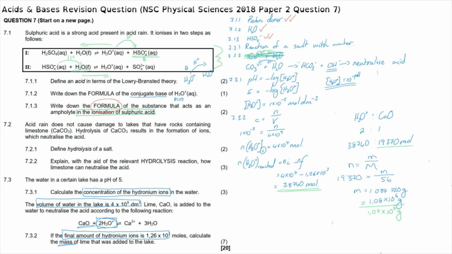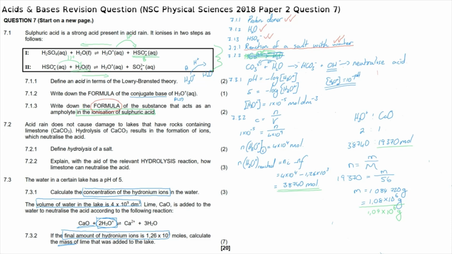Question 7.2.1, the definition for hydrolysis, is also 2 marks for the reaction of a salt with water as per the guideline document, although the reaction of cations or anions with water was also accepted, but this definition here is the more correct definition for hydrolysis of a salt.